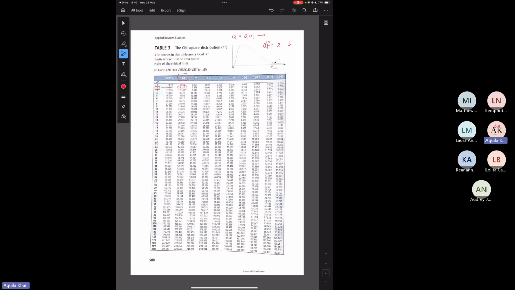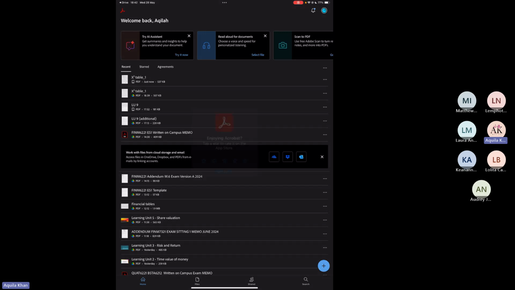That would be the value that goes into the critical limit on the diagram we drew. So it's exactly the same way that we would look at your values.